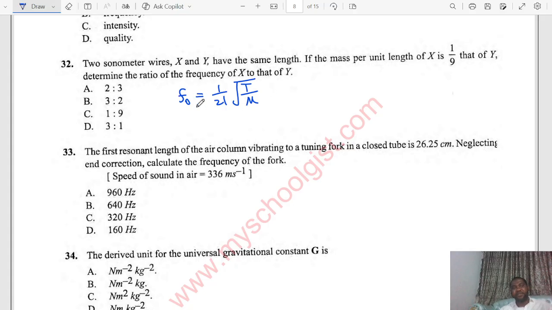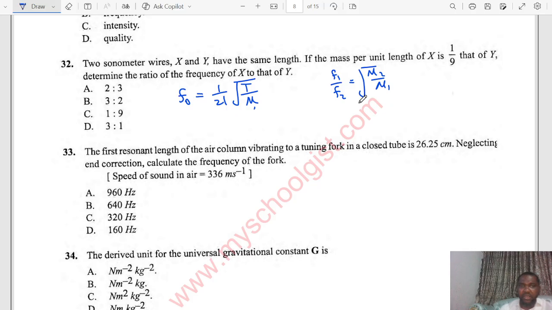If you look at this formula clearly, you will see that frequency is inversely proportional to the square root of mass per unit length. That means F1 over F2 is equal to square root of mu2 over mu1. Inversely means as one is decreasing, the other one will be increasing.